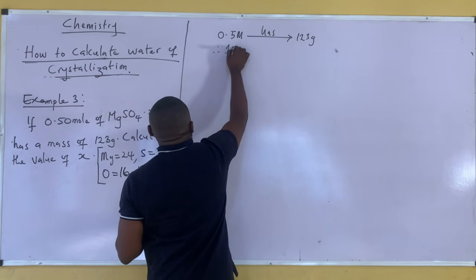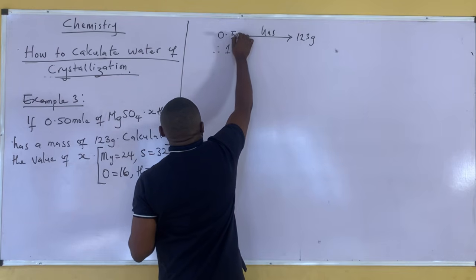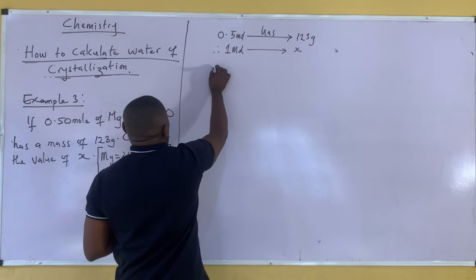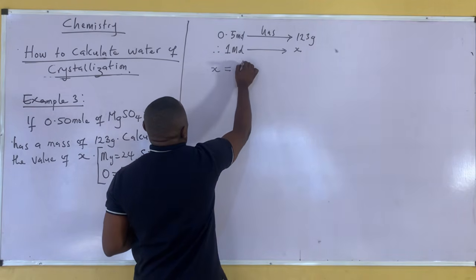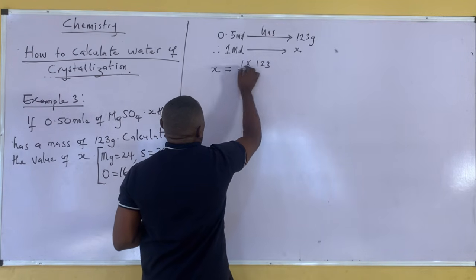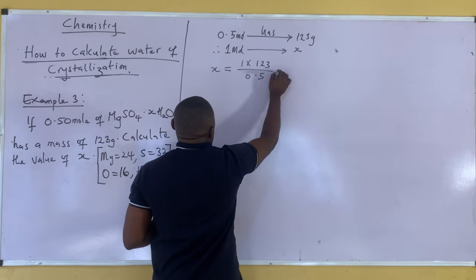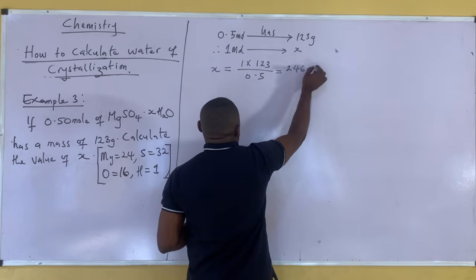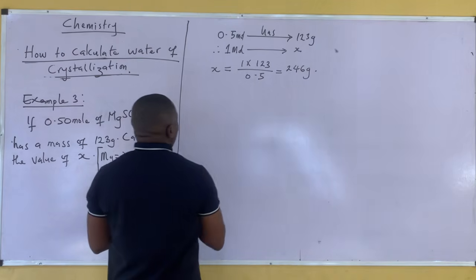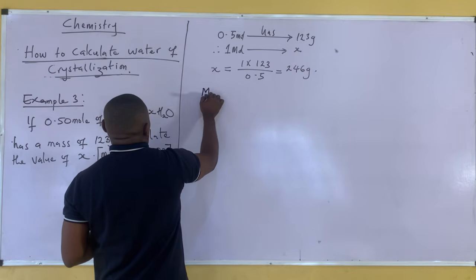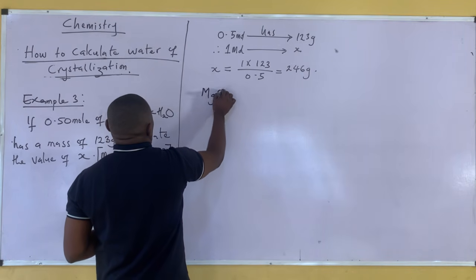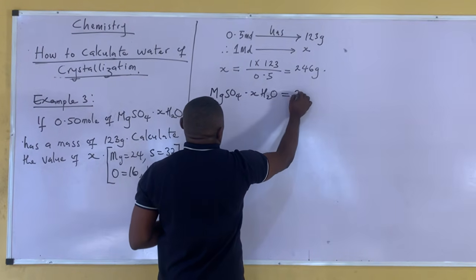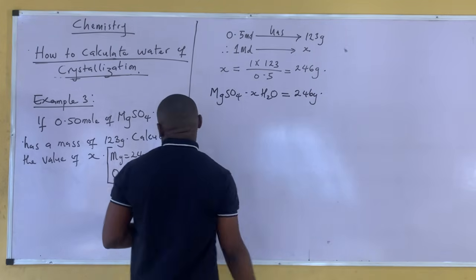Therefore, 1 mole we have the mass of X. What is X equal to? X will be equal to 1 times 123 over 0.5. That will be 246 grams. So I can tell you that 1 mole of MgSO4.xH2O is equal to 246 grams. That's what it's equal to.